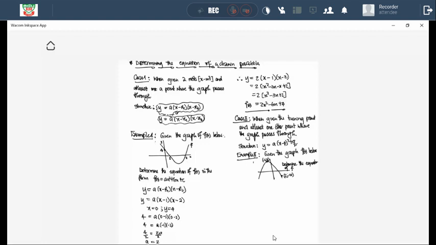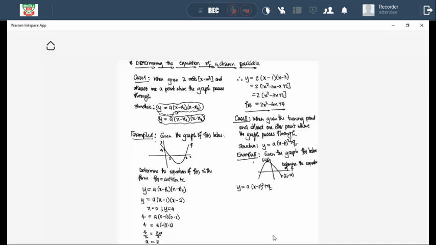Determine the equation f of x. Right, now I'm going to say, for me to come up with the equation of f of x, what am I given? I'm given a turning point. So in this case, I'm given a turning point and at least another point where it passes through. So it means I'm going to say y equals a in bracket x minus p whole squared plus q.